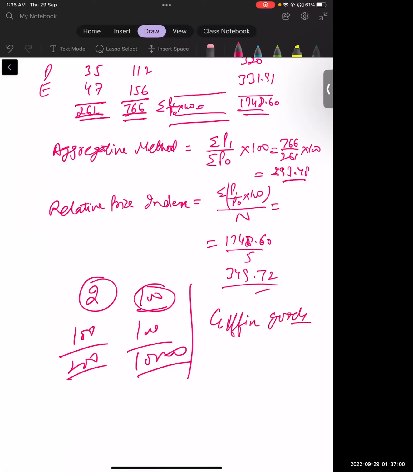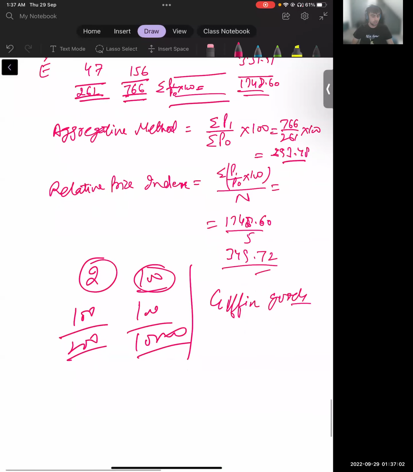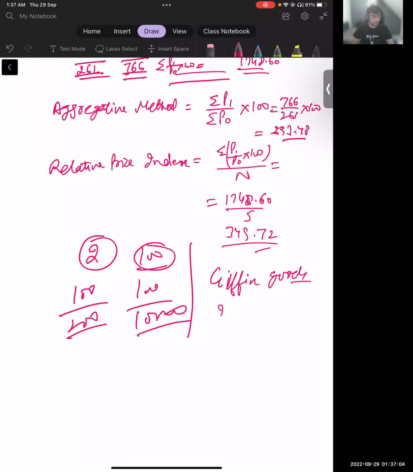I remember the different goods. Or inferior goods were. It was when a good that is not required.